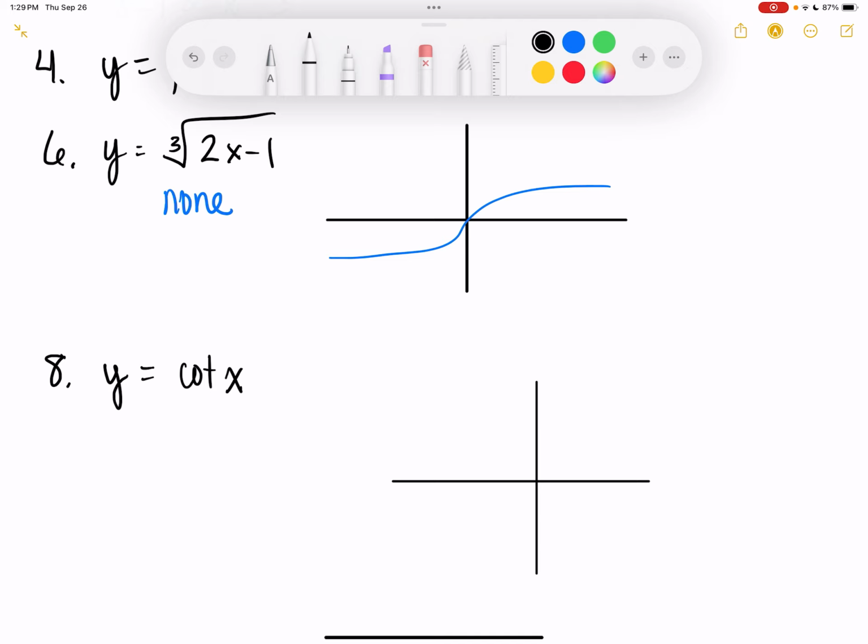Increments of pi. So we would have asymptotes at increments of pi, because the cotangent graph looks something like this, I do believe.